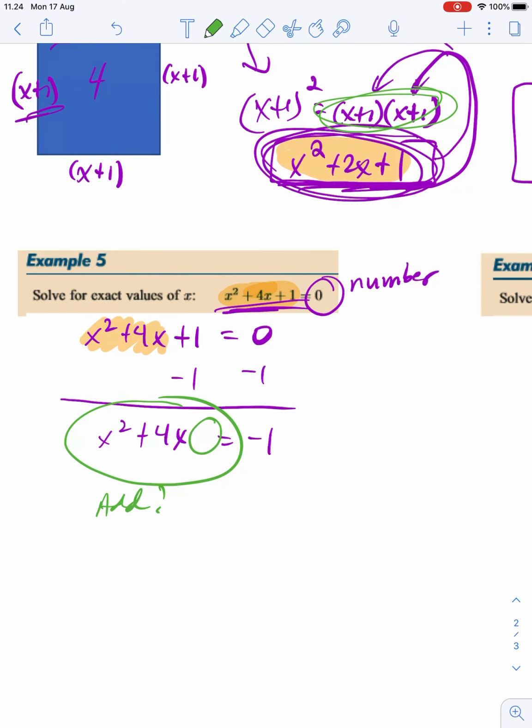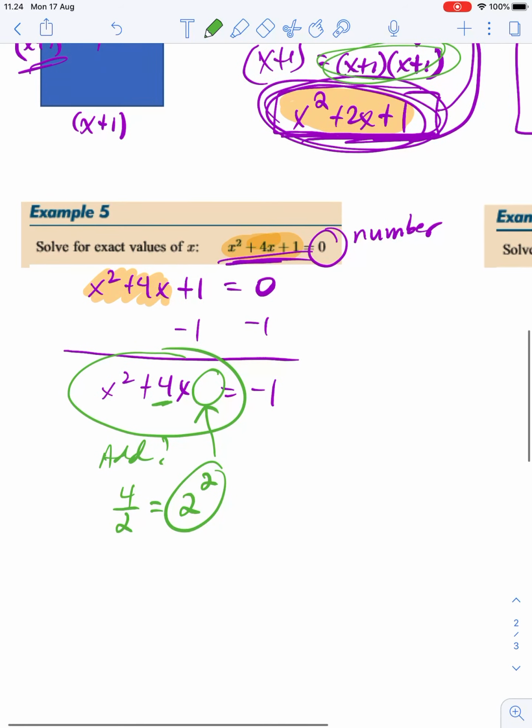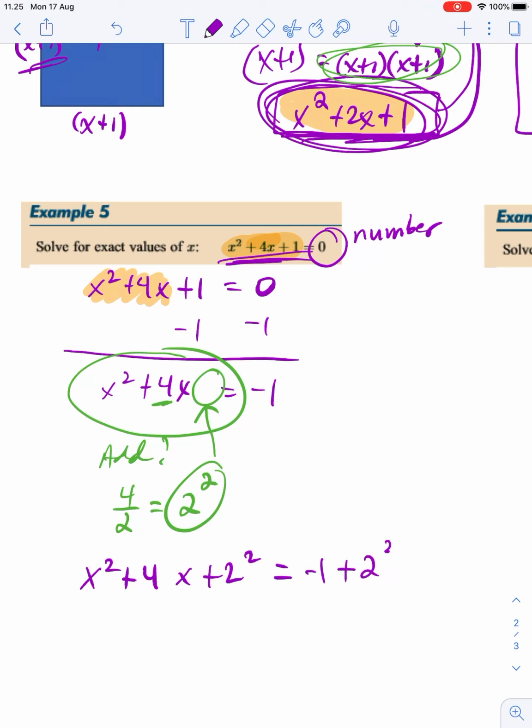What you can do is take this term right here, 4, divide by 2, and then square it, and add that to both sides. So I do x squared plus 4x plus 2 squared. Now I added 2 squared to the left side, so I'm going to add 2 squared to the right side.